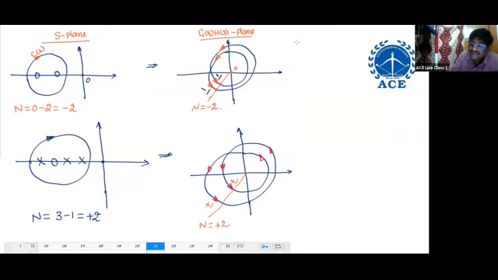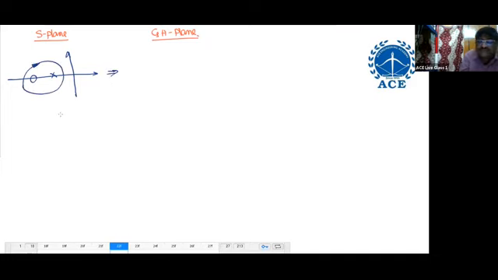Okay. Next. For example, the closed path in the S plane encloses 1 pole and 1 zero. Then what is the GH plane? It has not enclosed any pole or any zero like this.